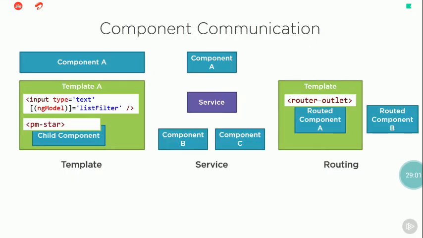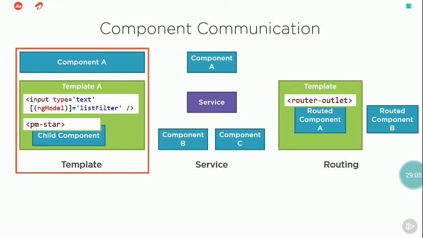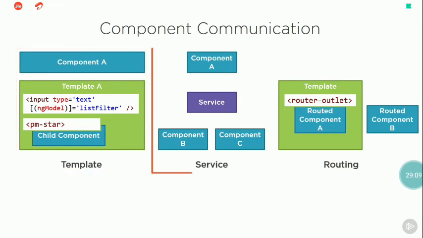Looking at our component communication diagram, we've covered how a component communicates with its template, including child components on that template. And we've examined techniques for components to communicate using a service as an intermediary. We can leverage these techniques to communicate between our routed components.